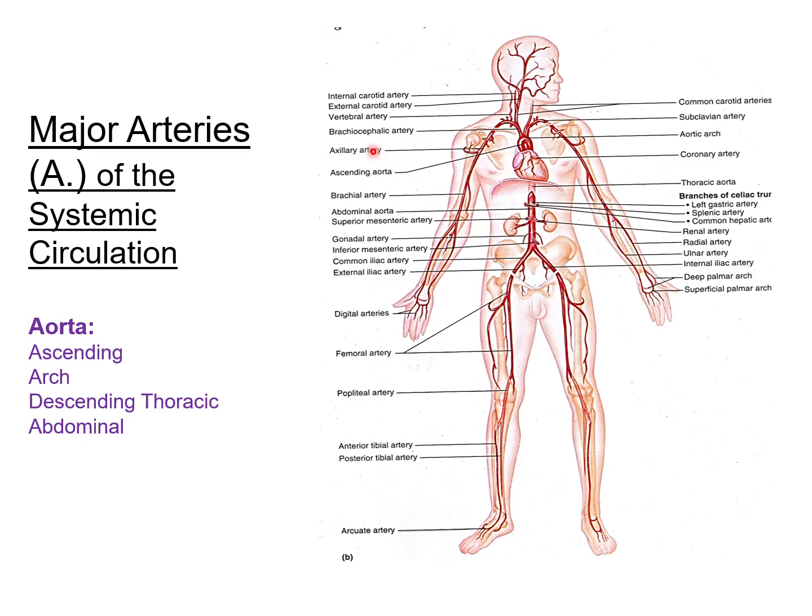Axillary artery that goes underneath the armpit. So a lot of these names you already know. It's just a matter of linking it to the region, organ system, and so forth. The renal artery, which sees almost 20% of the cardiac output, going to the kidneys. Radial follows the radius. Ulnar follows the ulna bone.